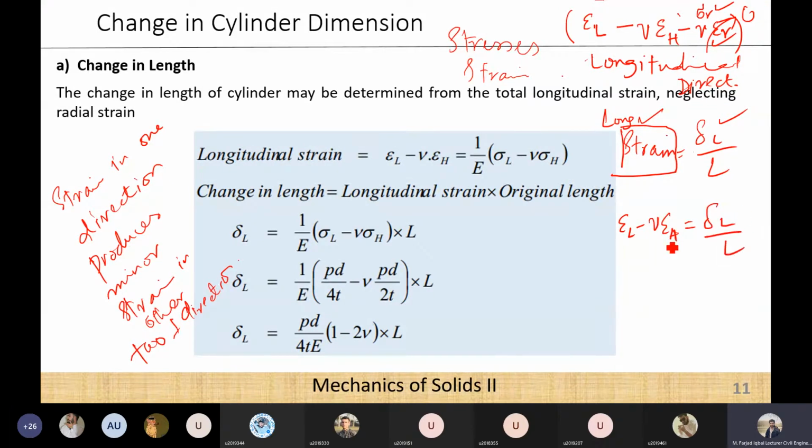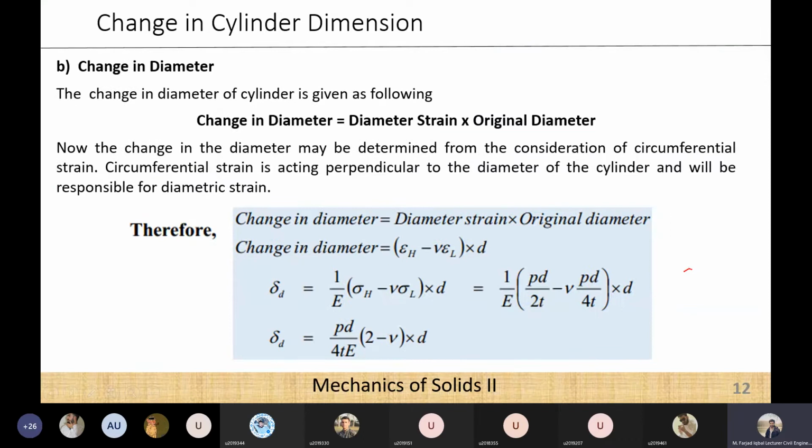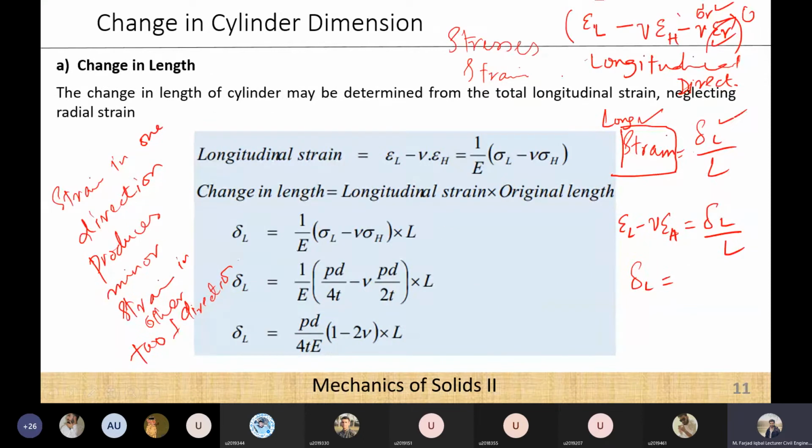And if I further simplify this one, I will get epsilon L, or change in length, equals minus nu into epsilon H into original length. Now this is the same expression which is written over here for the change in length.